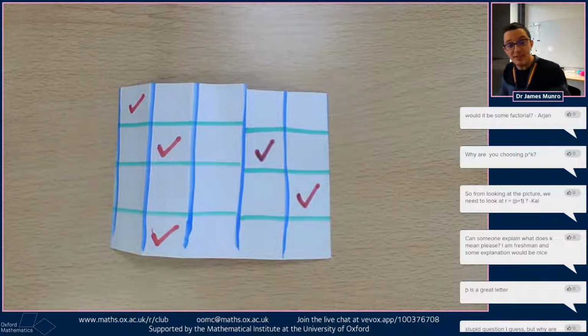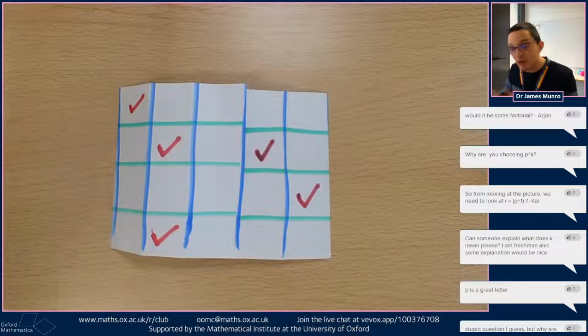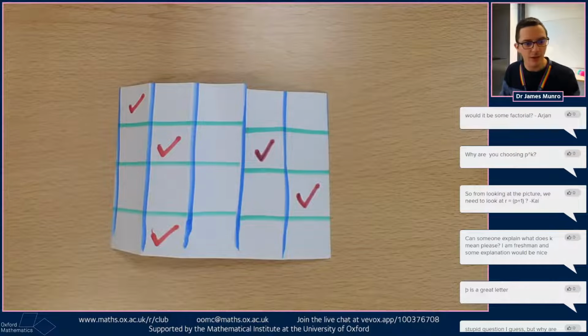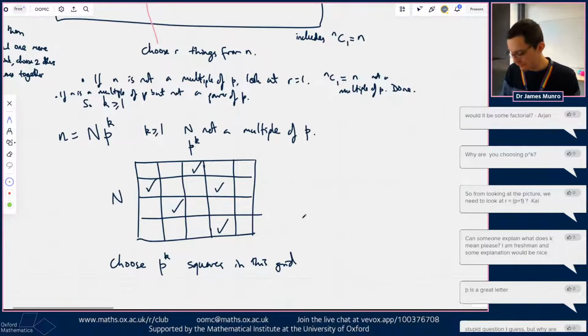I get a different choice, a different one of the items from 20 choose 5. Let's go back to the board. So I guess the point that I'm making there is that we can rotate the board to get other choices.